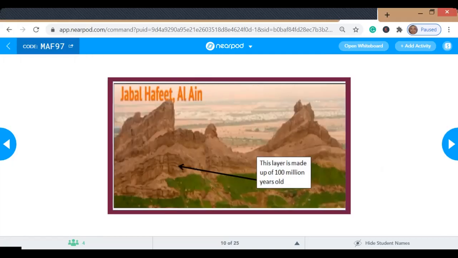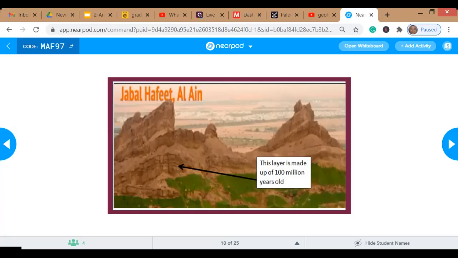Now here you have an example of Jabal Hafeet mountain. You can see the lower layer. This is made up of 100 million years old. So here you can see it tells the age of that layer. This layer is 100 million years old. So that is absolute dating.